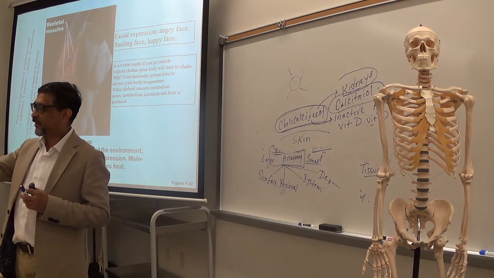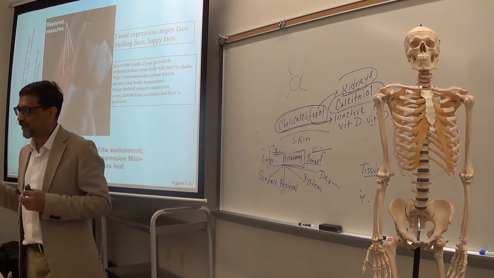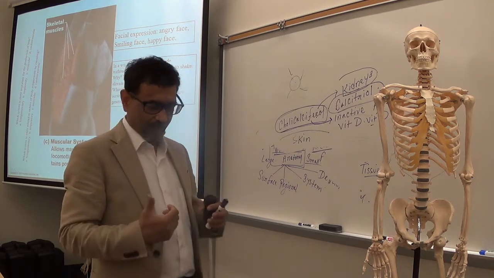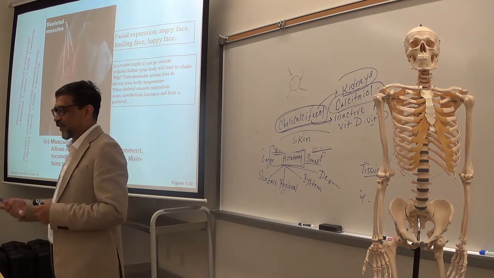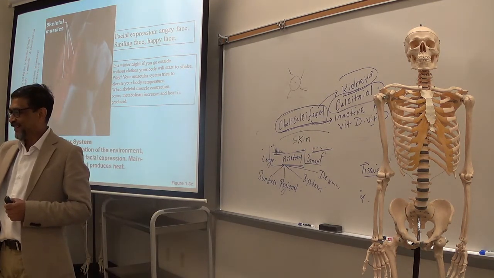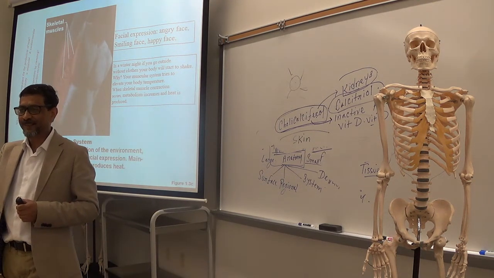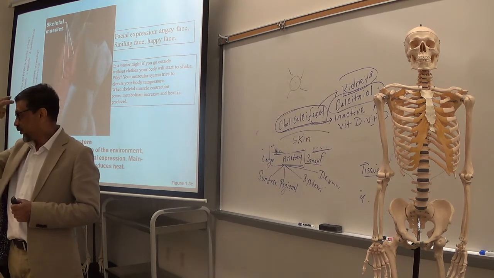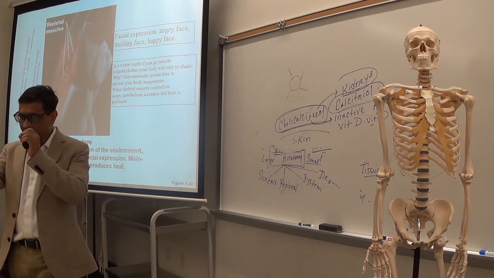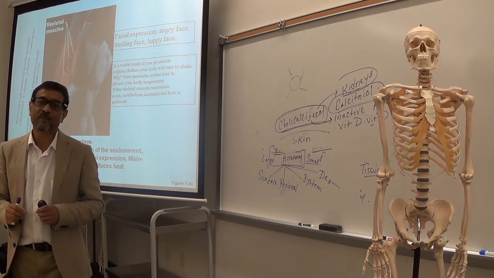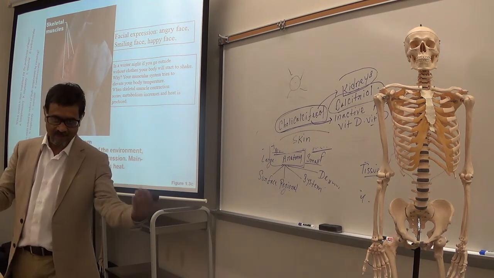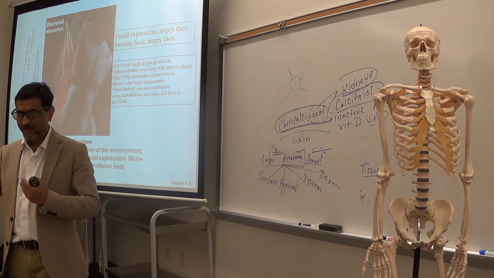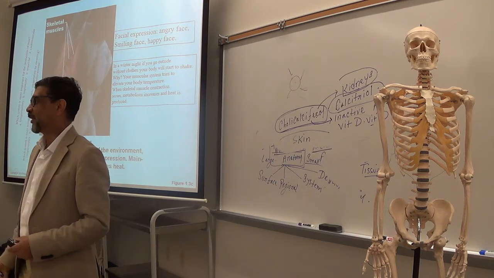So all those functions are given by the muscles of the face. Facial expressions. Sometimes, by looking at your face, someone can tell if you are happy or angry, right? Or sad. So those tiny muscles of your face give the facial expression. Sadness, happiness, or anger. So those are the facial expressions.